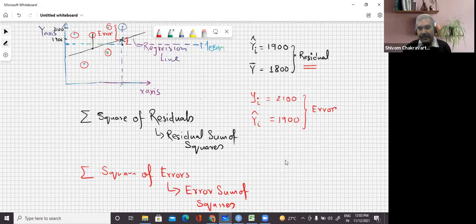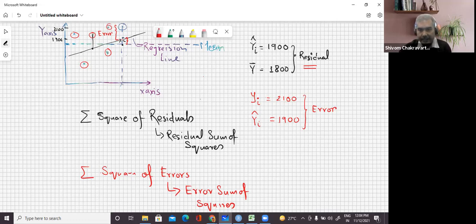So there are actually three points. For each actual point, we have three points. One is definitely the actual point, which is the circled one. Then one point we are predicting by the regression equation. We are saying it should have been this. And the third point is the mean.